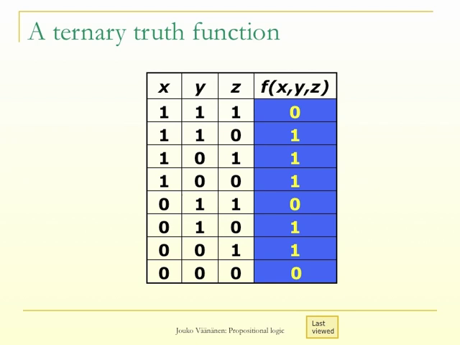This truth function does not have any particular intuitive interpretation, but in a moment we will learn how to associate a propositional formula to each truth function. The propositional formula can then give a kind of intuitive picture of the truth function. Also this one.